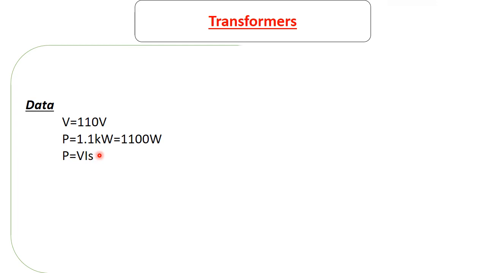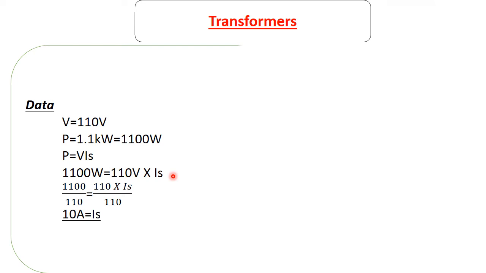So the power is 1100, the voltage is 110 volts times primary current. We're analyzing the primary coil here. So we can divide both sides by 110. When you do that, we're going to get 10 amps. This is the current in the primary coil.